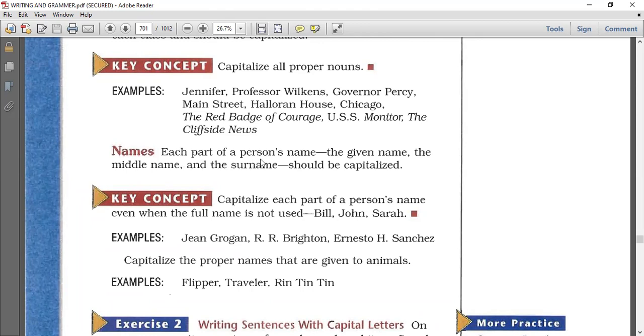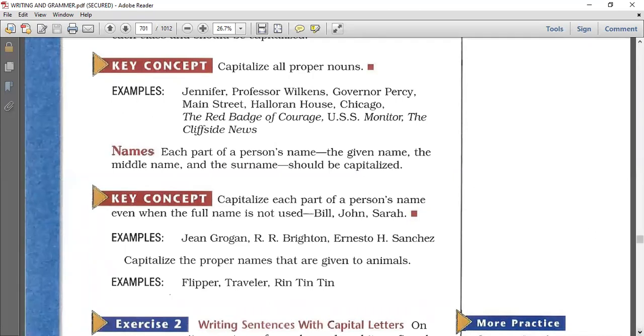Names: each part of a person's name, the given name, the middle name, and the surname, should be capitalized. If I say, for example, Yusuf Awad Abu Ura, so capital Y, because this is the first name or the given name, Awad, this is the middle name, and Abu Ura, this is the surname or family name.